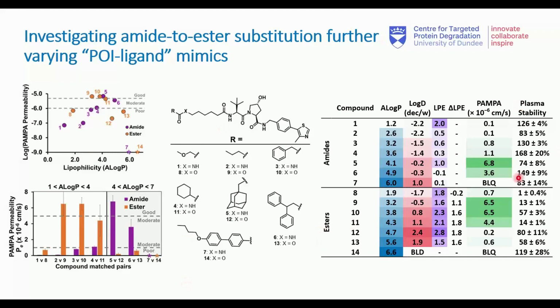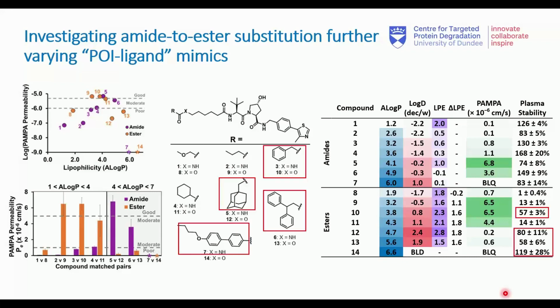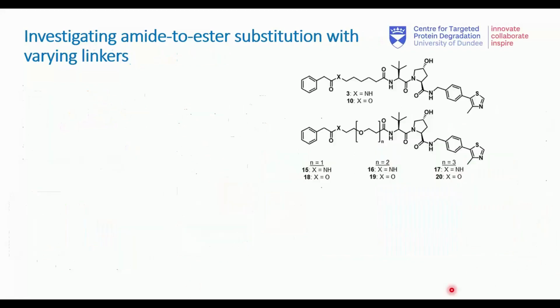For these scaffolds, you can see that all amides in this human plasma stability assay were basically untouched, and unsurprisingly, the esters behaved worse in this assay because they're being hydrolyzed. But what's important to note is these compounds, which are above 60% remaining after the study, which I think was over 90 minutes: once you start to increase the bulk around the ester at the alpha position, you can see that they retain plasma stability.